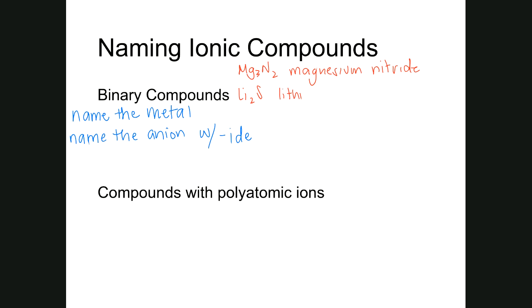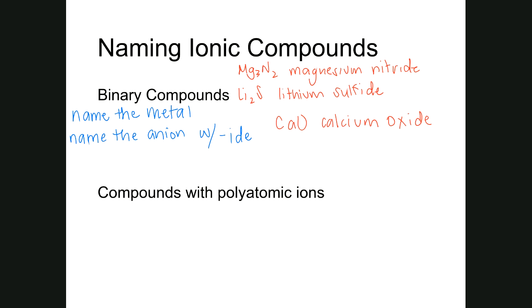Name the anion, sulfide. Then we had CaO. Name the metal, calcium. Name the anion, oxide. So this is what we do with binary compounds that do not include transition metals. We have separate rules for transition metals.